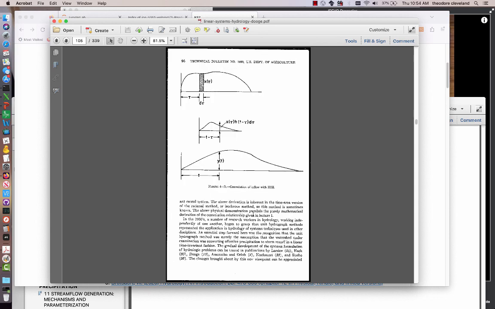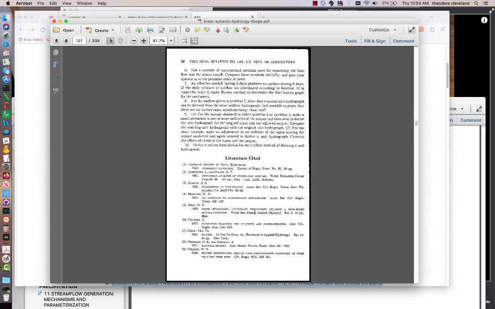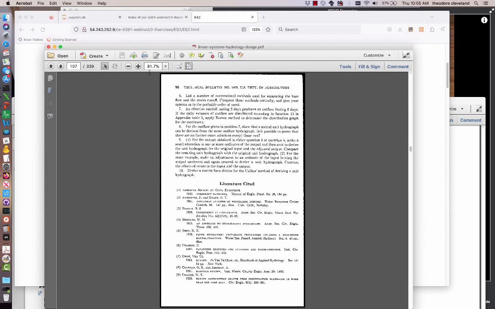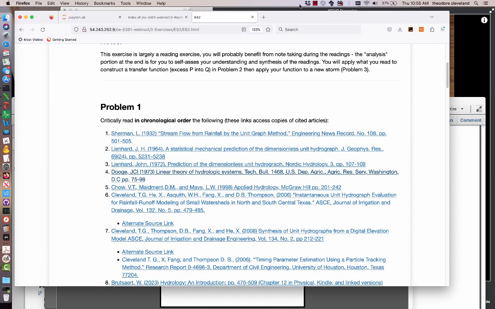And then it goes through complex storms, and again, read that, summarize it as well as you can. You'll use elements of this for doing the remainder of the exercise.